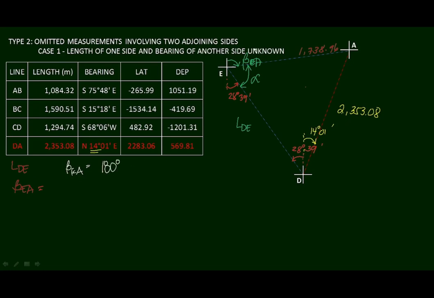Tama. I'm going to concentrate on this one. Minus the angle 20 degrees, 39 minutes. I-minus ko si alpha, makukuha ko yung bearing ni EA. So, I need to solve first for this angle alpha. So, anong gagamitin kong law to solve for that alpha?